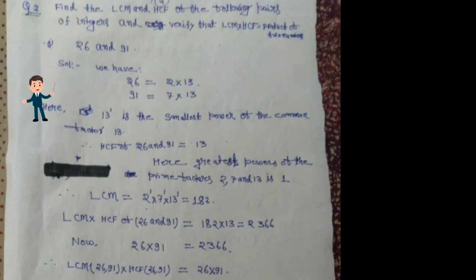Therefore, HCF of 26 and 91 is 13. Here the greatest power of the prime factors 2, 7 and 13 is 1. Therefore, LCM is equal to 2 into 7 into 13, which is 182. Now LCM into HCF of 26 and 91 is equal to 182 into 13, that is 2366. Now 26 into 91 is equal to 2366. Therefore, LCM into HCF is equal to 26 into 91.